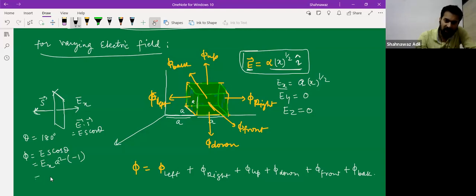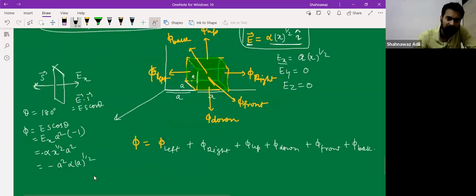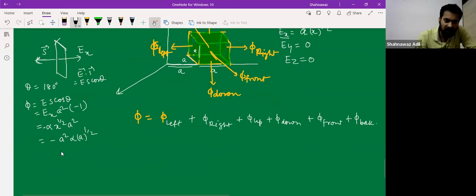So Ex is alpha x to the power half times A square, minus. So this is minus A square alpha x, and x is A, so this is A to the power half. Right. So this would be minus alpha A to the power 2 plus half, which is 3 by 2. Right. So this is phi left.